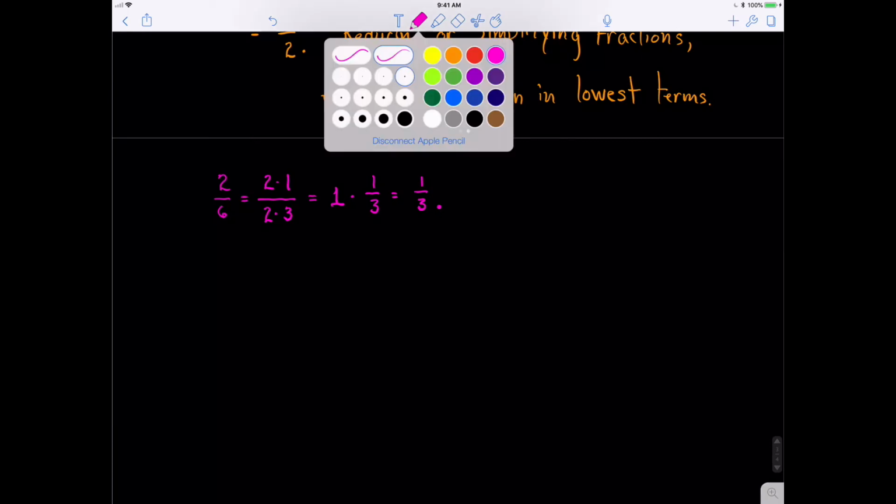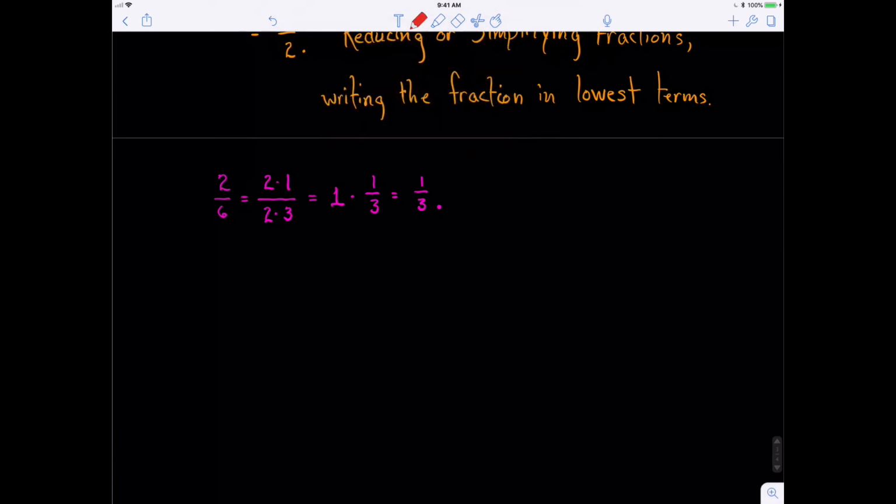Now we have our red category. Our red category was 1/6. So if I take 1/6, well, I could write that as 1 times 1. That's still 1. And 6, I want to get a match. Do I have a match with the 1? Well, I could write that as 1 times 6.